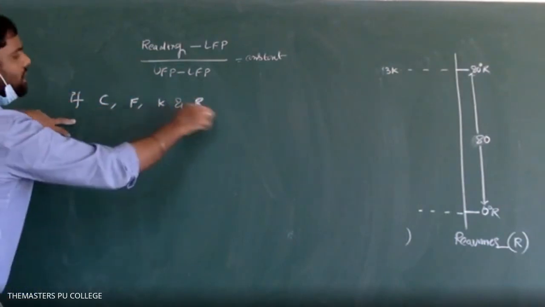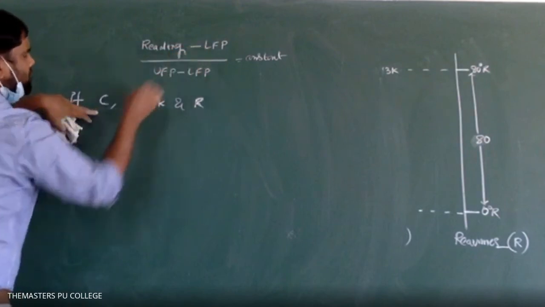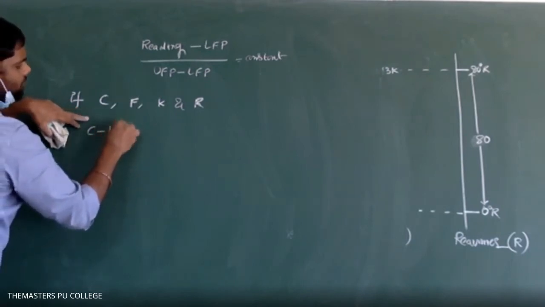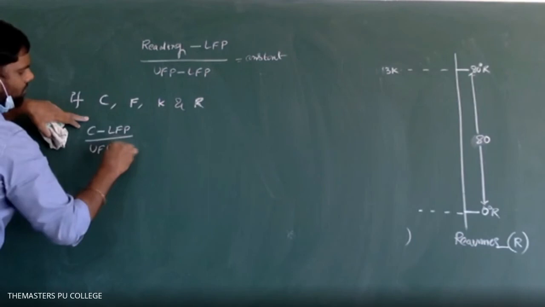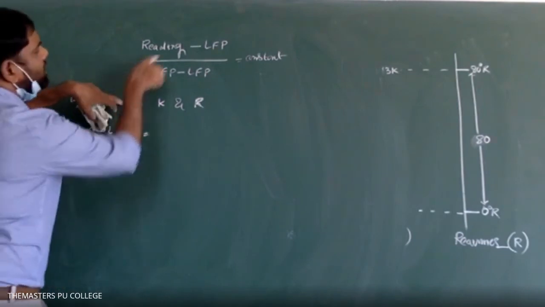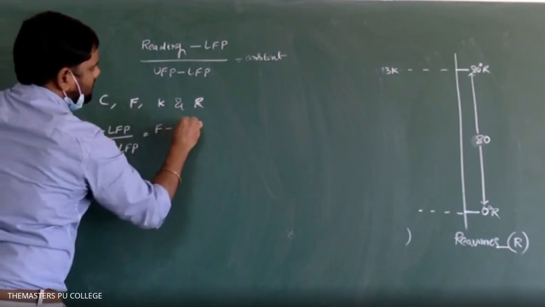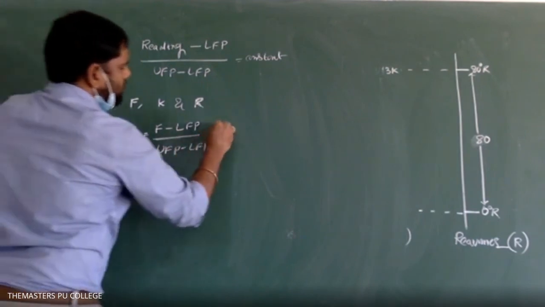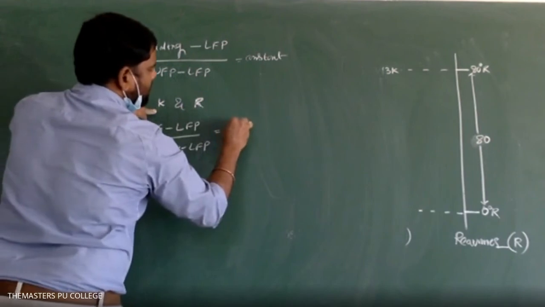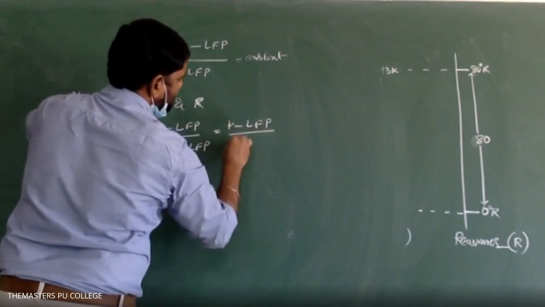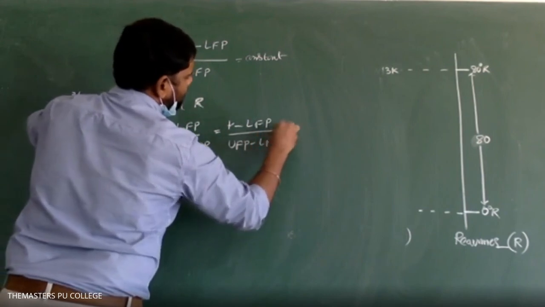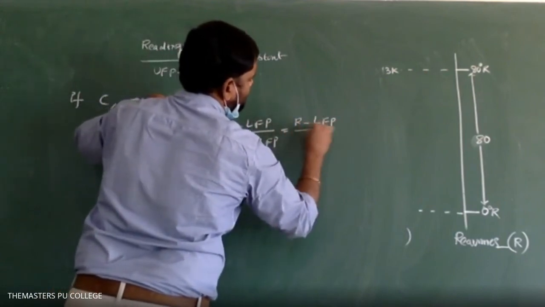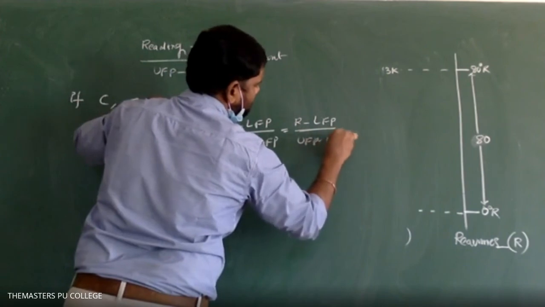Then we connect these letters: C minus LFP divided by UFP minus LFP, equals F minus LFP divided by UFP minus LFP, equals K minus LFP divided by UFP minus LFP, equals R minus LFP divided by UFP minus LFP.